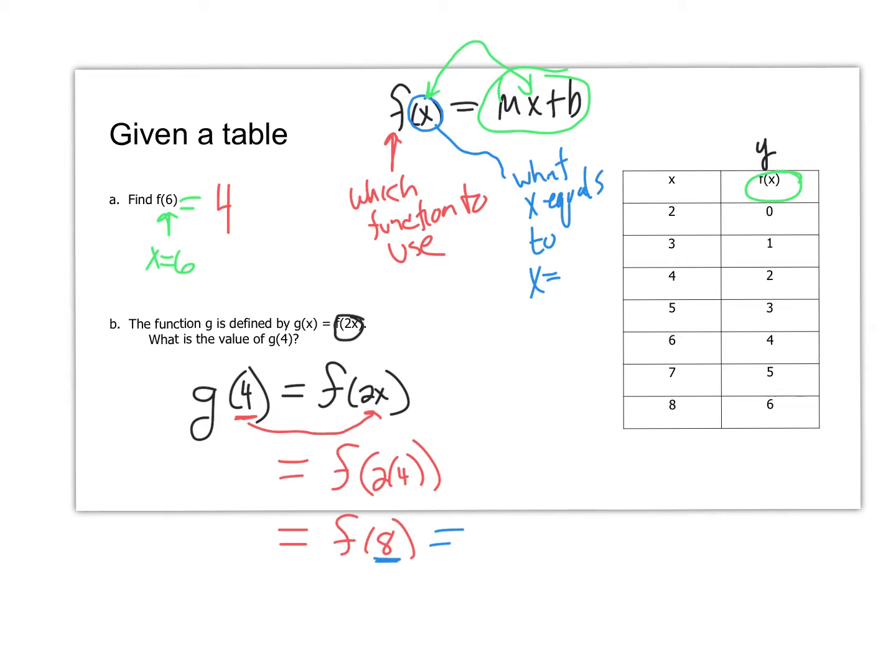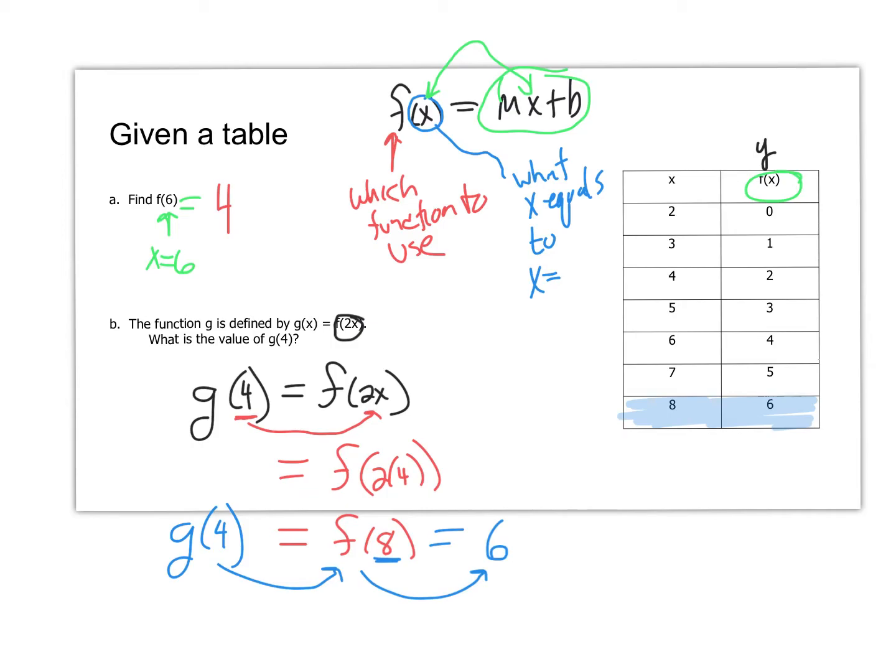Let's come up to our table here. When x is 8, my y value is 6. So f of 8 is equal to 6. So we can say g of 4 is really equal to f of 8, which is really just equal to 6.